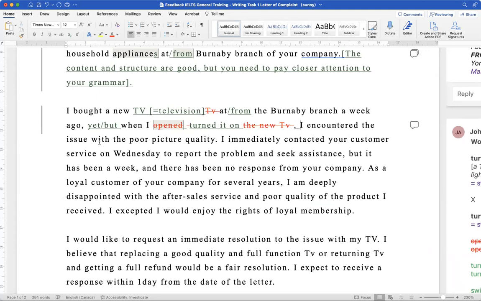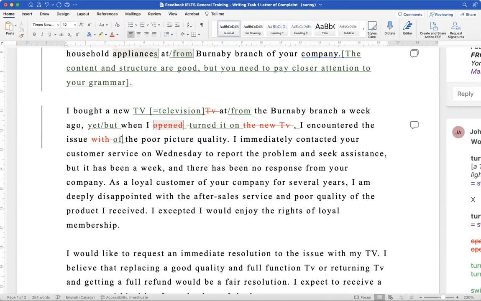I encountered the issue with the poor picture quality. Issue of something. I encountered the issue of poor picture quality. So here, the issue of is correct, but the article is not necessary here.